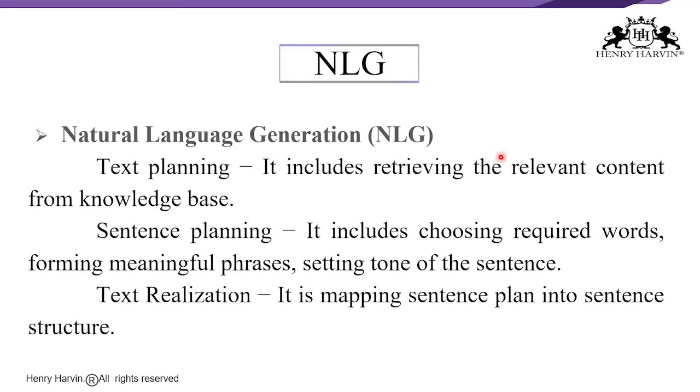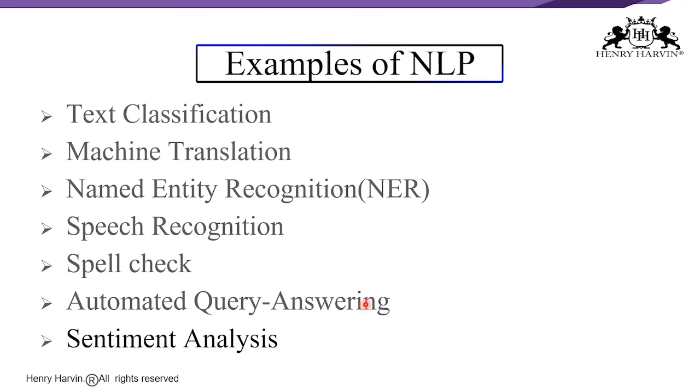It includes retrieving the relevant content from the knowledge base, or sentence planning, which includes choosing the required words, forming meaningful phrases, and setting the tone of the sentence. The next one is text realization, which is mapping the sentence plan into sentence structure.